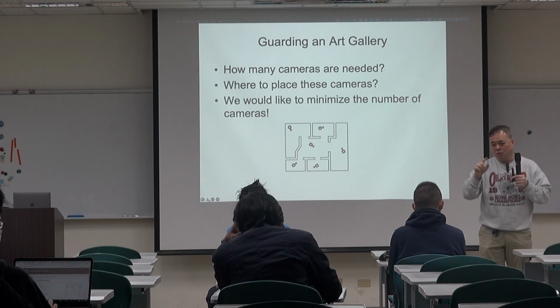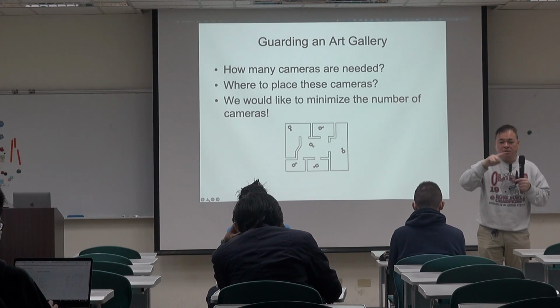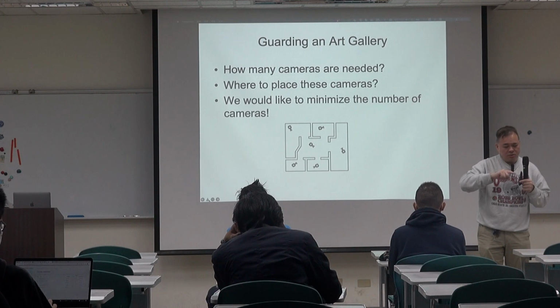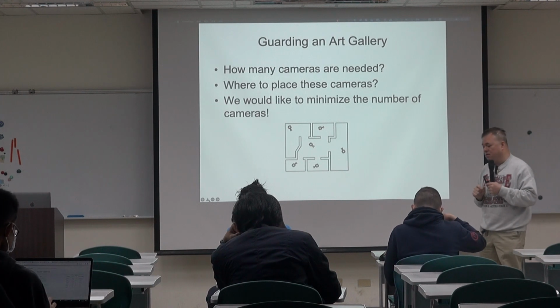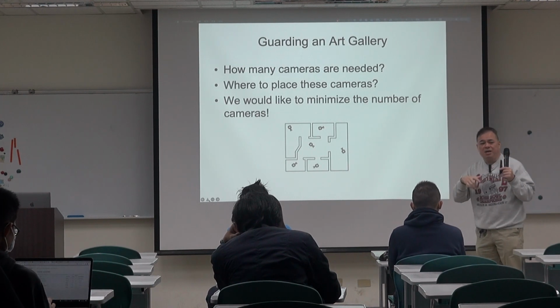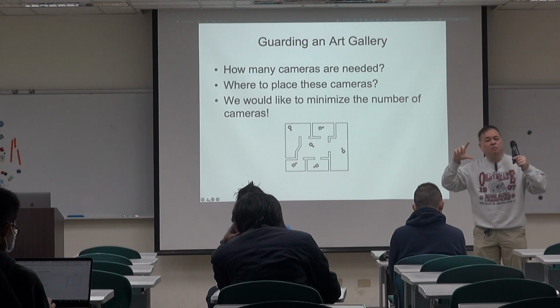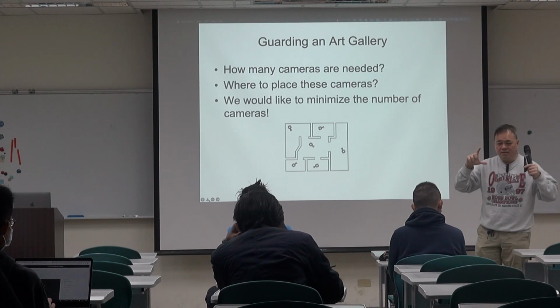Because we don't use curve, we use small straight lines to approximate the curve, right? So every object will become some kind of polygon, right?